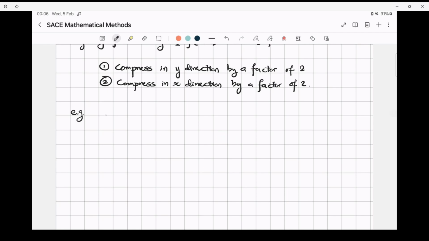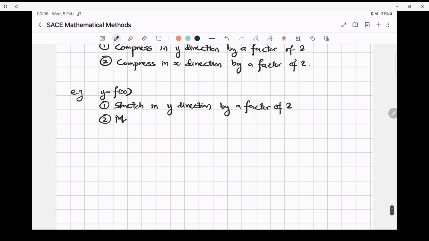Let's say your original function is f(x), and the first transformation is stretch in y direction by a factor of 2, and then you move down by 2 units.